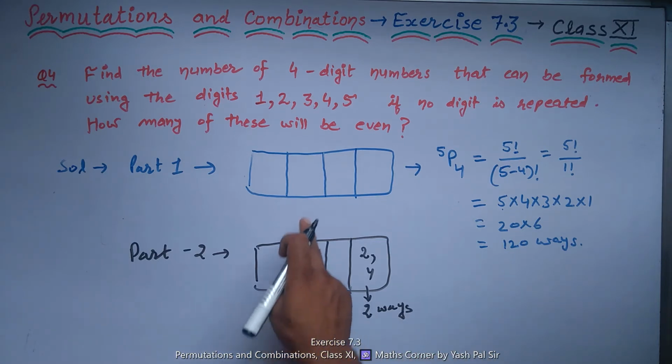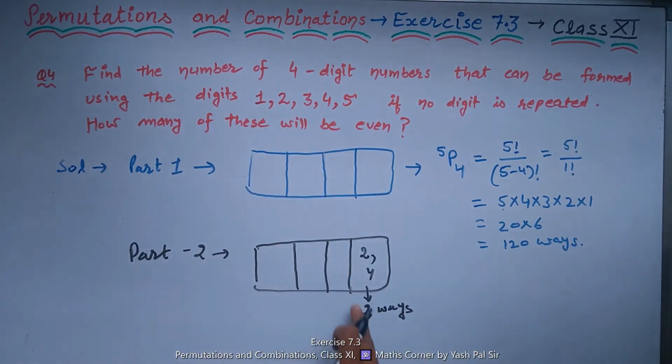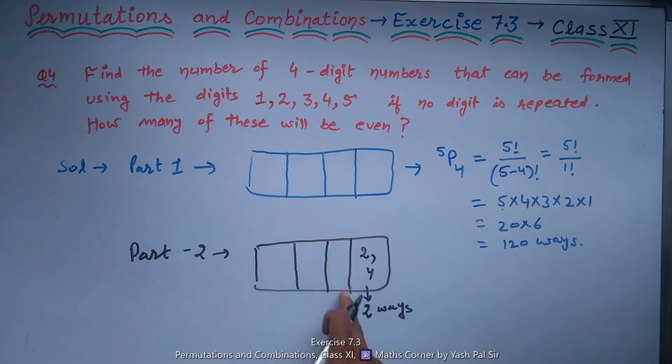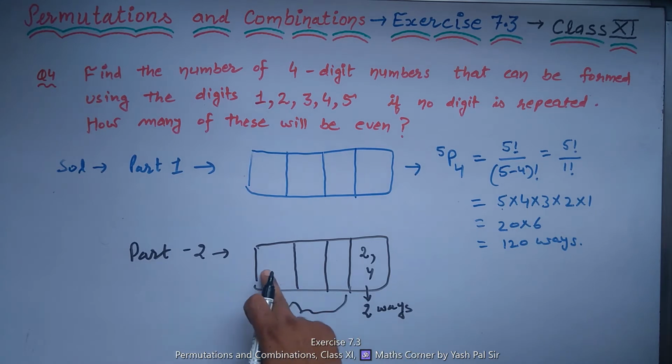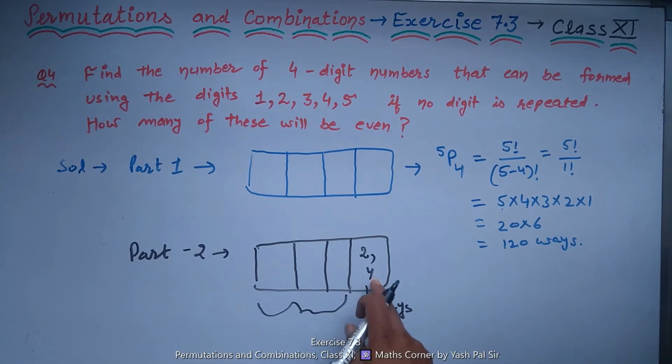Now out of 5 digits we have used 1 digit to fill the ones place. So out of 5 digits 1 digit is used, and the remaining 3 places are to be filled out of 4 digits.